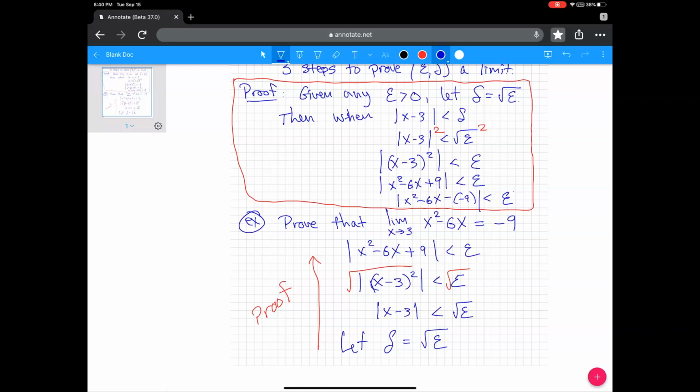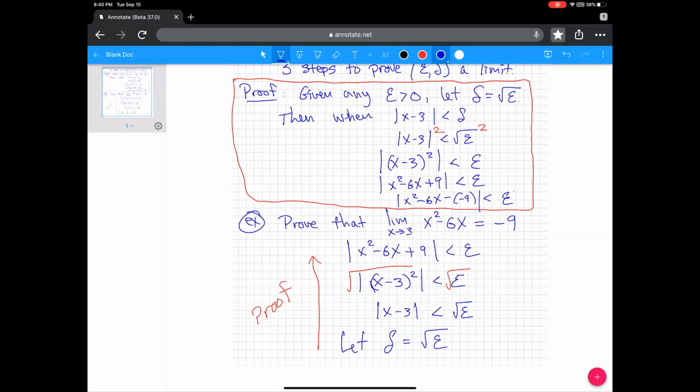And this is the proof that shows that that's the case, because the delta that exists is the square root of epsilon. By choosing delta to be the square root of epsilon, then no matter what epsilon you give me, whenever x minus 3 is less than delta, the difference between the function and minus 9 will be less than epsilon.